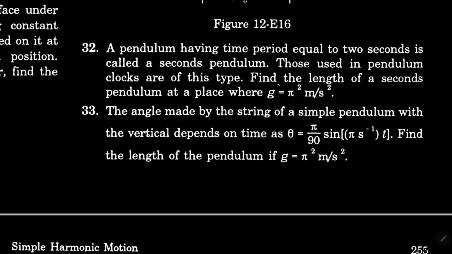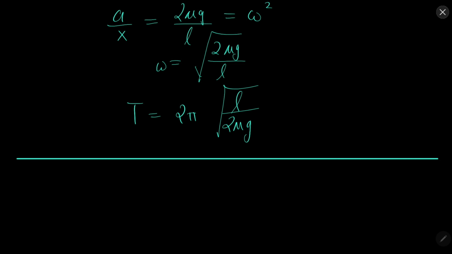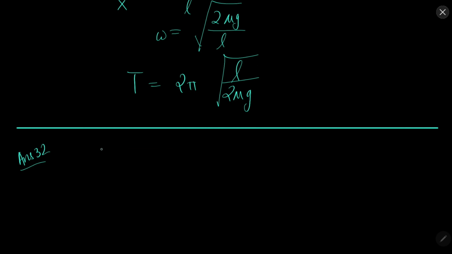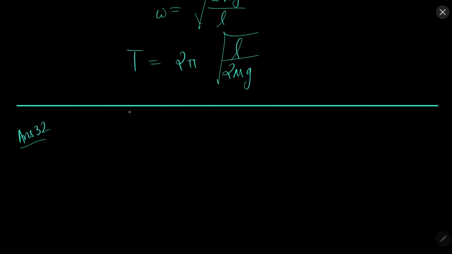In question 32, a pendulum is given. Find the length of a seconds pendulum at a place where g is pi square meter per second square. Solution 32. So time period of seconds pendulum is 2 seconds. T is 2 pi root L by g.